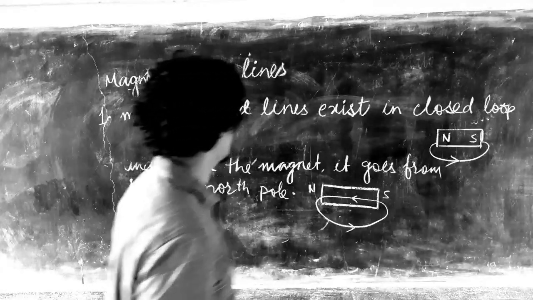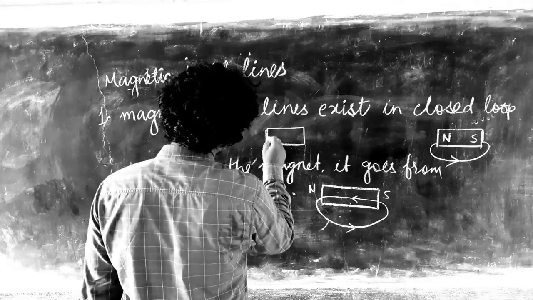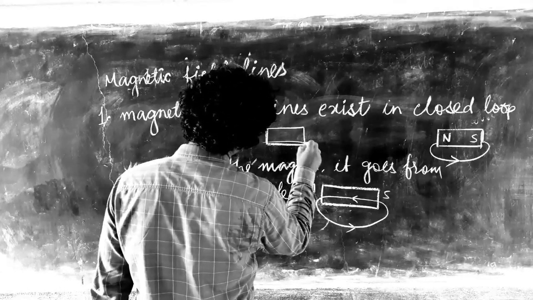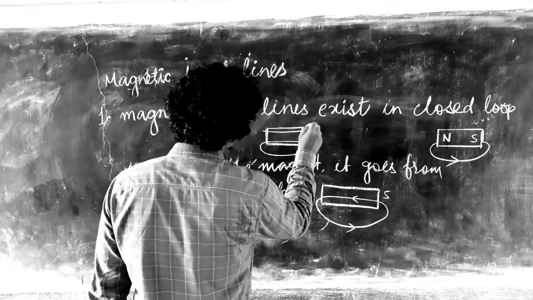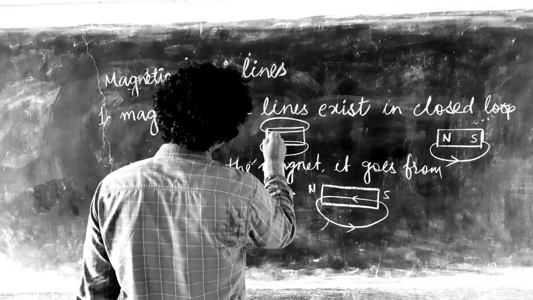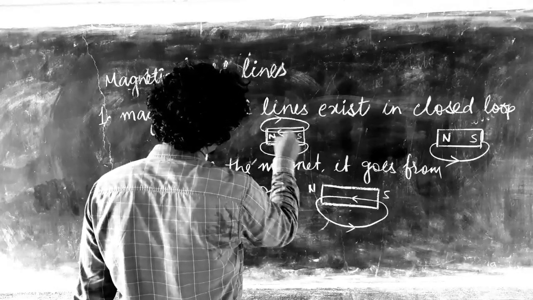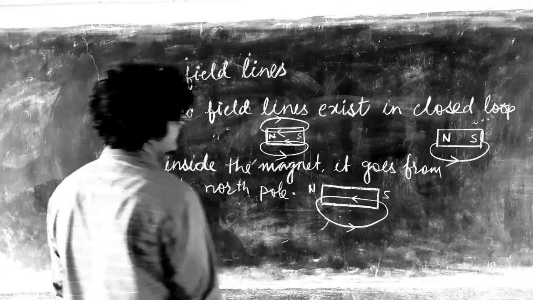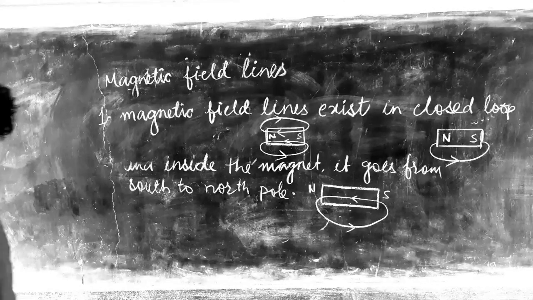What does it mean? Magnetic field lines will exist in closed loops, something like this. This is a closed loop. This is also a closed loop. This is north pole, this is south, so this is the direction. So magnetic field lines exist in closed loops.